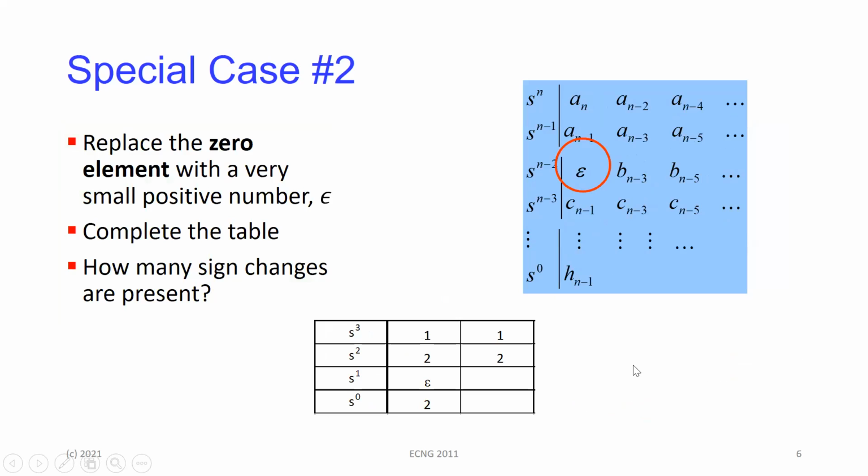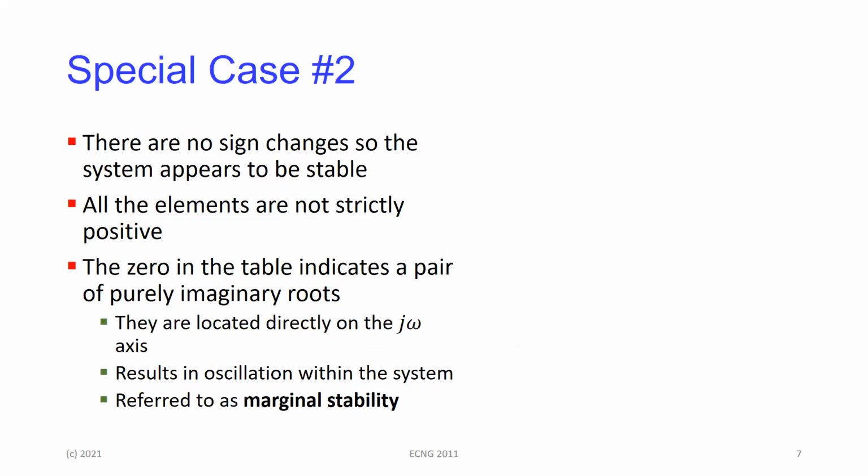Then at this point in time now, you have a completed table looking like this. So you ask yourself, how many sign changes? We know epsilon is positive, so we have 0 sign changes. So if the system is like this with epsilon being just positive, then the system is almost stable.